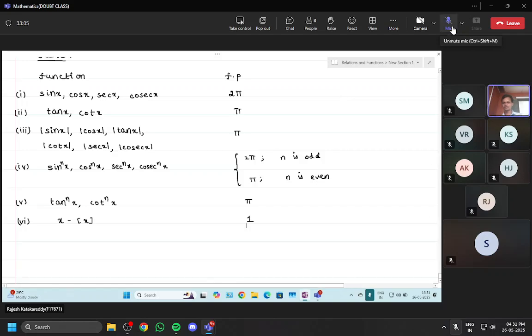Next, we are going through the properties one by one.